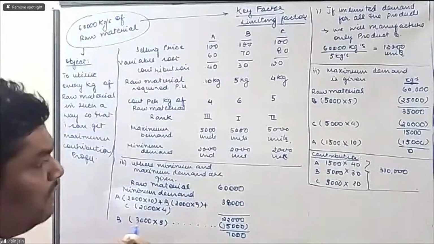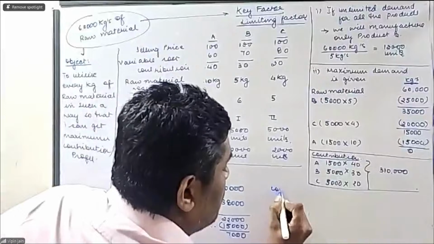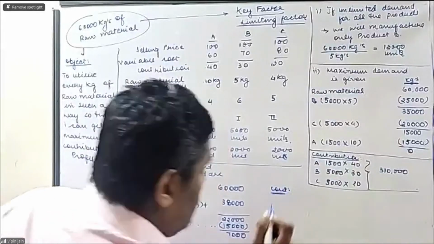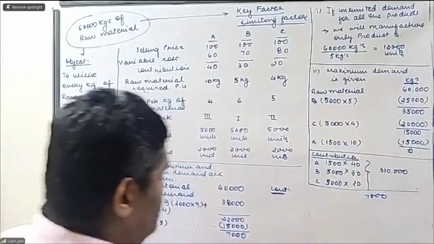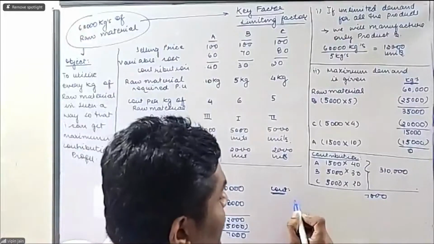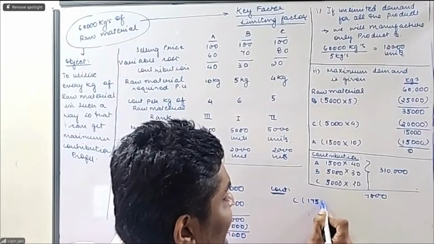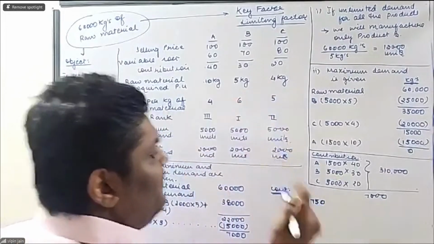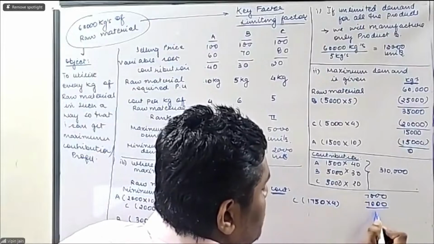So at the most, let's continue with here. We have 7,000 kgs. So we will manufacture C, and at the most we can manufacture 1750 only. So 1750 into 4. So this will be 7,000 and this will be 0.